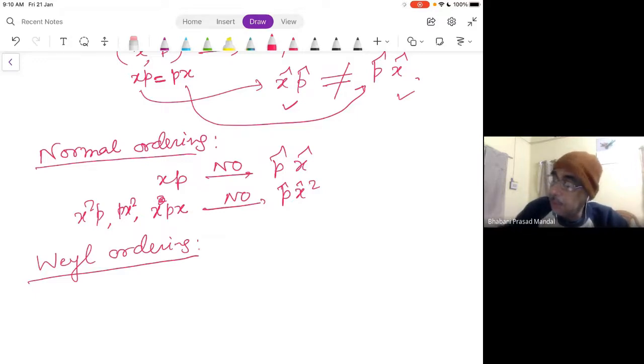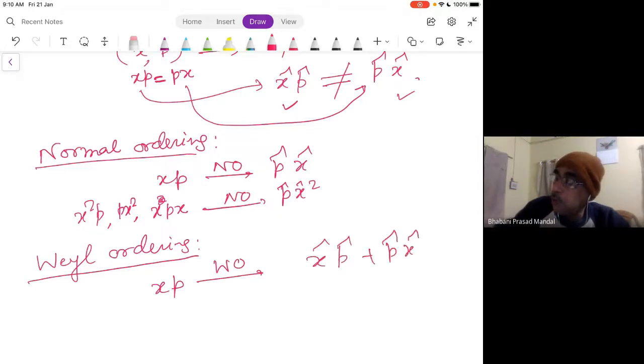For example, xp under Weyl ordering will be xp plus px, so both possibilities, divided by the number of possibilities. This is Weyl ordering.